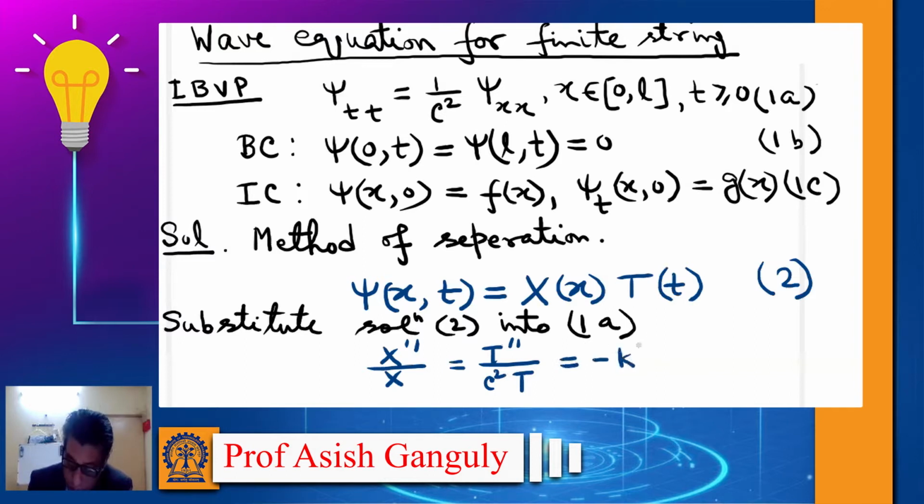So I am taking the separation constant in this form, minus k square. Always I advise taking the separation constant in square form. The negative sign is just for convenience.